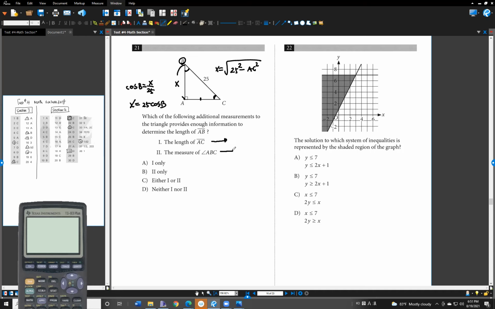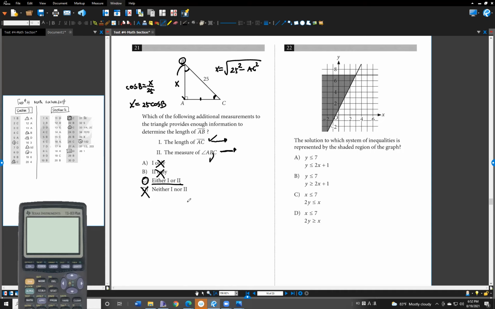This is okay too. Either this one. Anything is okay. One only, no. Two only, no. Either one or two, this is perfect. Neither, no, this is not working. It's very similar questions, right? Very similar. Almost the same. Very interesting.